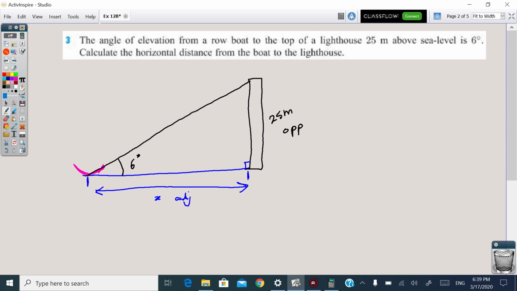So in this case, opposite and adjacent give us tan, so tan 6 is equal to 25 over x, and you're required to solve for x. You can do that on your own.